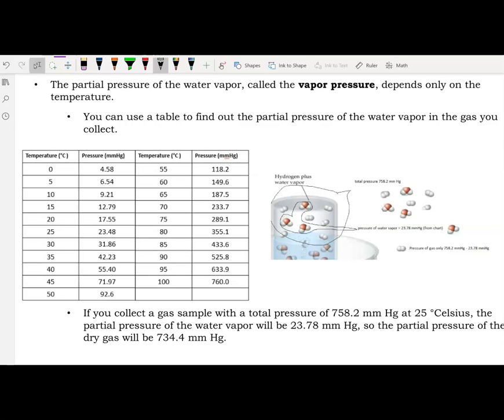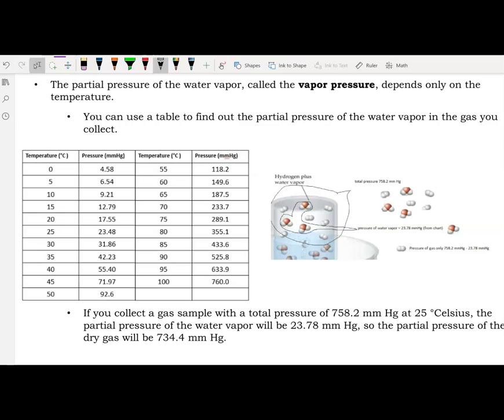When we do our lab on Monday, we are going to try to prove that the molar volume of 1 mole of gas is 22.4 liters. So we need to know the pressure in here without the water vapor, because the water vapor is hitting the sides too. In order to do that, we're going to have to subtract out the water vapor.